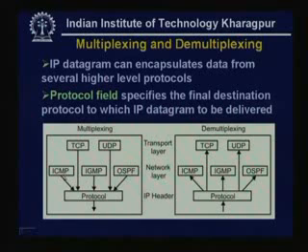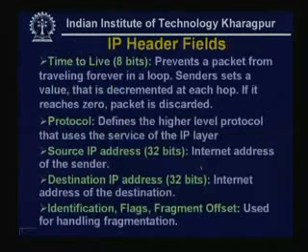It receives a packet and sends it to the next lower level. And whenever it reaches the destination, you have to do the demultiplexing. By looking at the protocol field, it delivers it to the proper protocol, ICMP, TCP, IGMP, UDP or OSPF. So for the purpose of this multiplexing and demultiplexing, this protocol field is necessary.